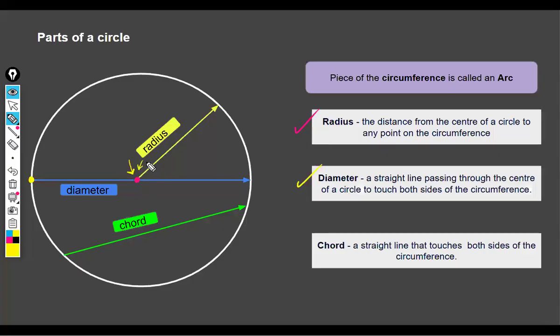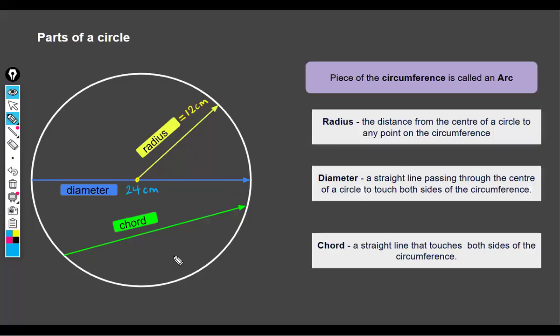More importantly, the diameter is twice the length of the radius. For example, if your radius from the center to the circumference was 12 centimeters, the diameter is always twice the length of the radius, so 12 multiplied by 2 is 24 centimeters. All right, some easy stuff there.